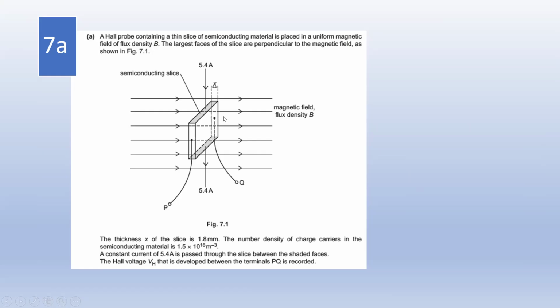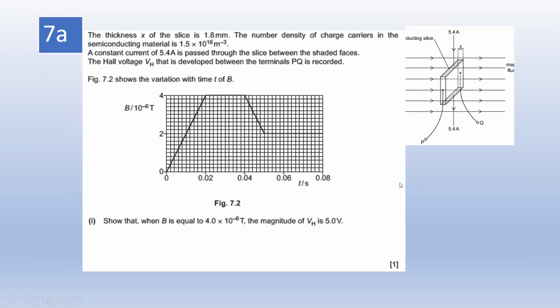There are 6 surfaces in the rectangle. Thickness is given, number density is given, current is given, passing through the slice between the shaded faces. The Hall voltage is developed between the terminals P and Q, as recorded in the figure. Figure 7 shows the variation with time t of B.